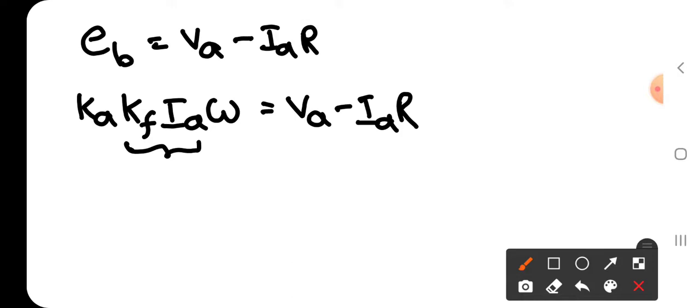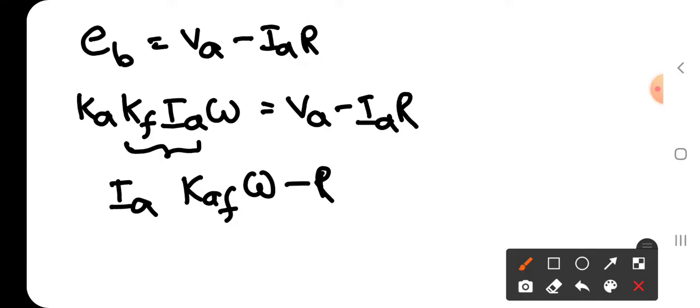If I take I_A as common, then I_A times (K_AF omega plus R) is equal to V_A.